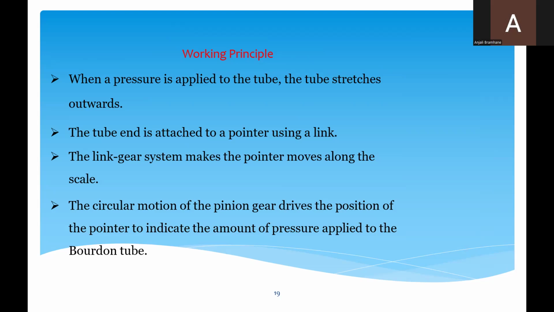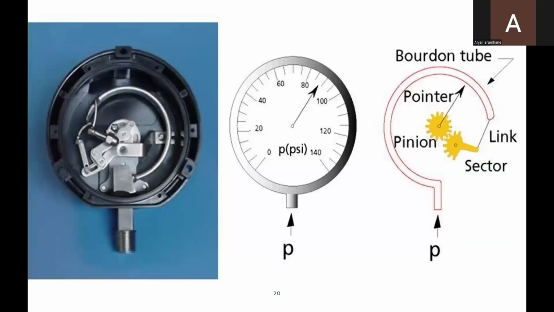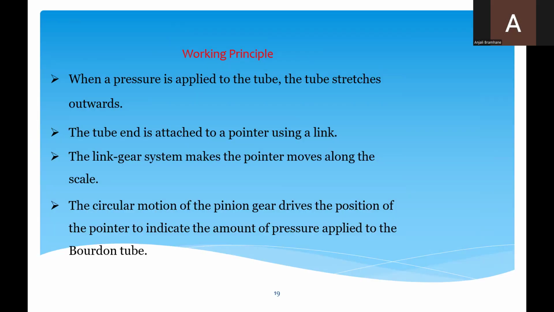The link and gear system makes the pointer move along the scale. Last, the circular motion of the pinion gear drives the position of the pointer to indicate the amount of pressure applied to the Bourdon tube. This figure is the Bourdon tube.